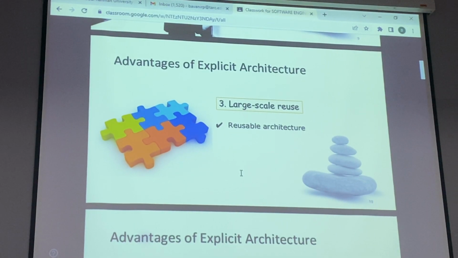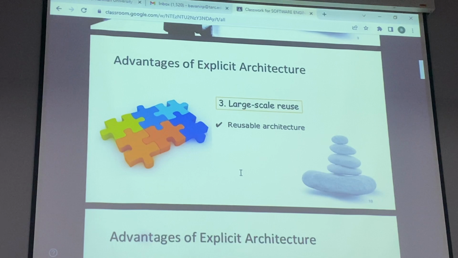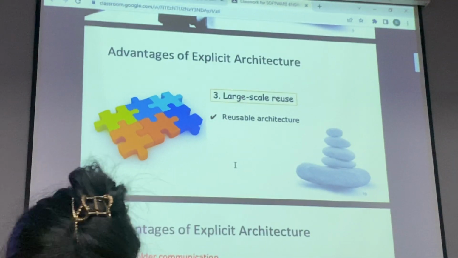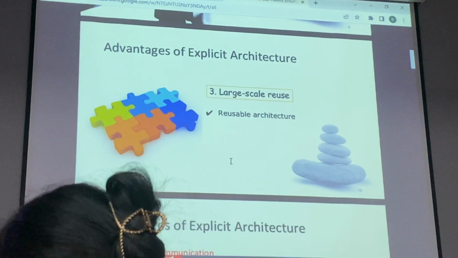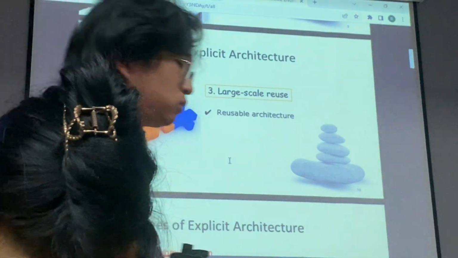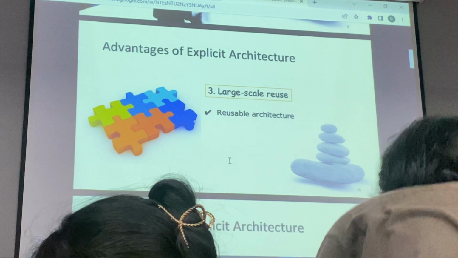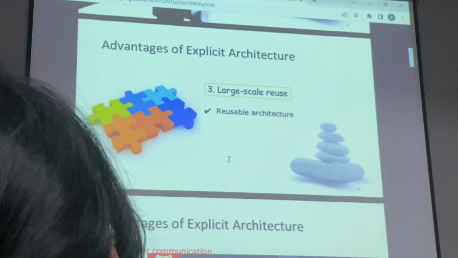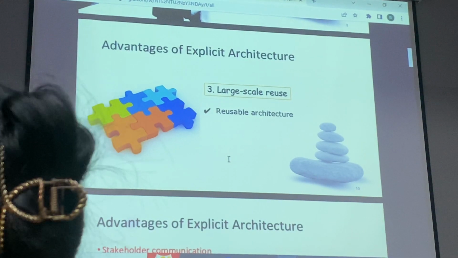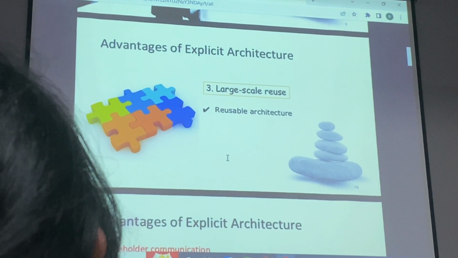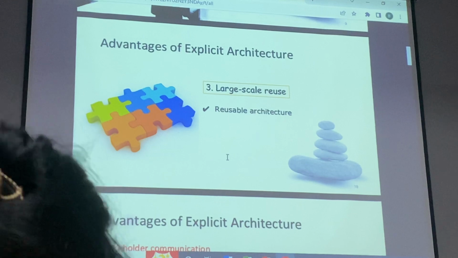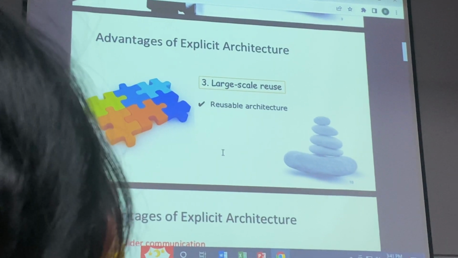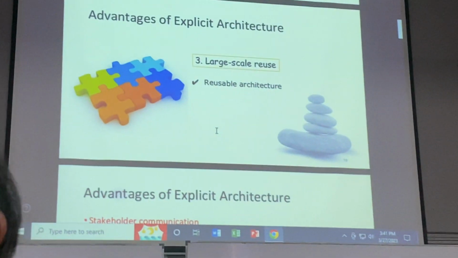For example, in your assignment also, you are creating some new modules, but there are some existing modules which you are reusing, isn't it? You're not developing 100% of the system. There are some minor components or sub-modules that you add on. So that is what we call reusable.